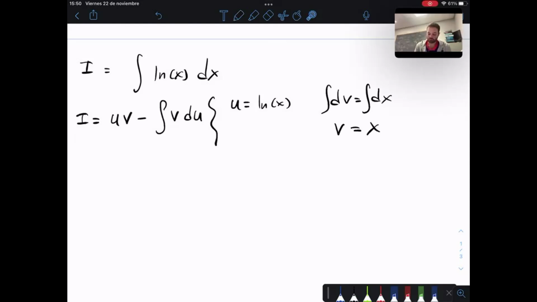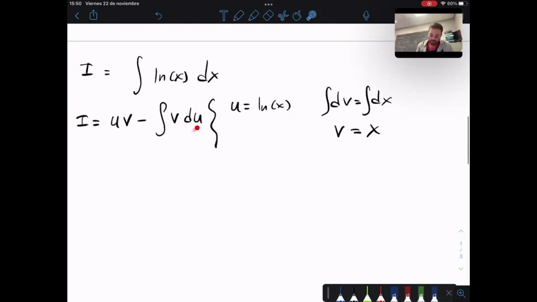And so before we go now with u, let us try to think, why do we want ln to be equal to u? The reason for this is because, as you can see here, in our solution, we have a differential that depends on u, which is du. So this means that we want to choose a function whose derivative is going to be simple, and it's going to give us a good form in order to solve the integral that we have left.